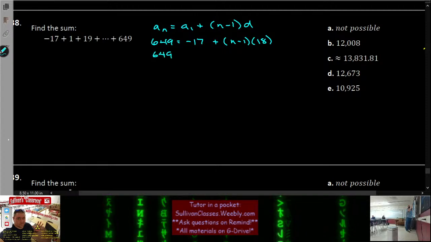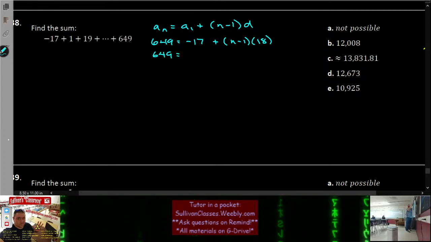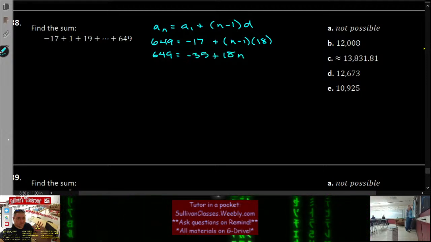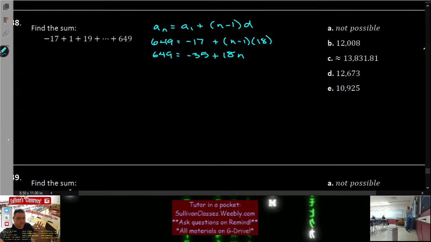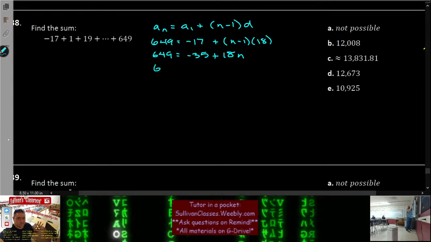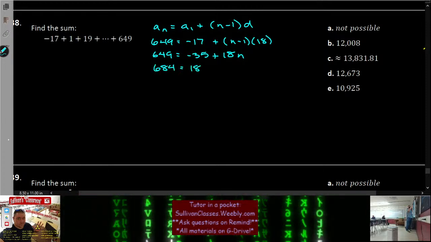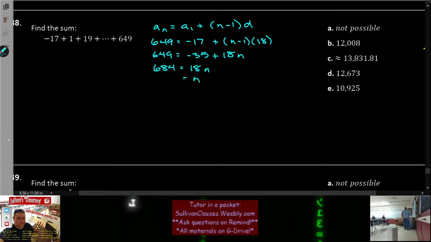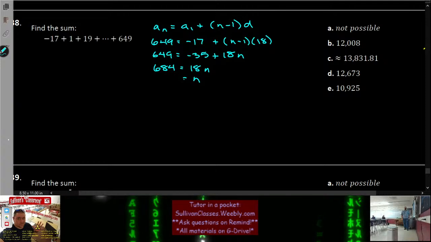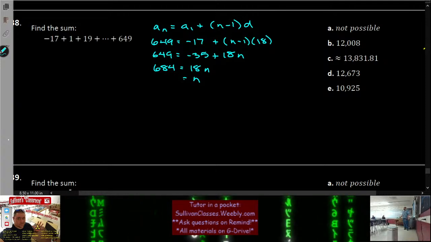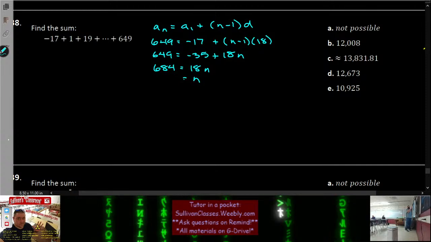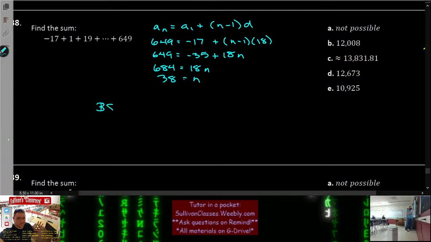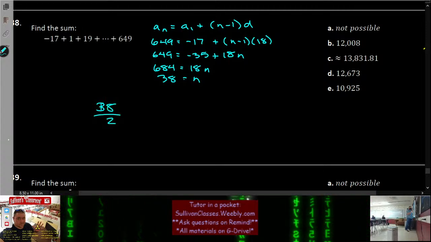So 649 is negative 18, and negative 17 is negative 35, plus 18n, add it over. So it's at 684. Oh, 38. And now that I know that, I can do the 38 over 2.